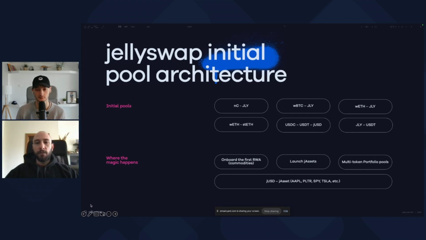And then we have wrapped BTC Jelly, wrapped Ethereum Jelly, wrapped Ethereum and staked Ethereum. Also a Thrive pool with USDC, USDT, and JUSD. That is, of course, when JUSD comes, which is, again, hopefully very soon, but it's still undetermined. And Jelly USDT.